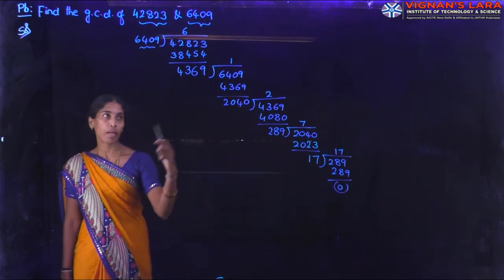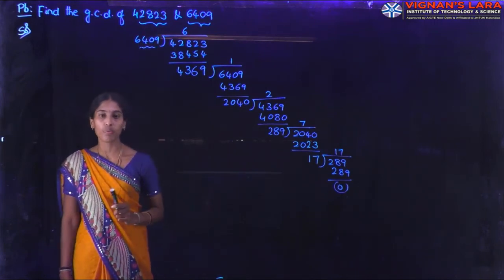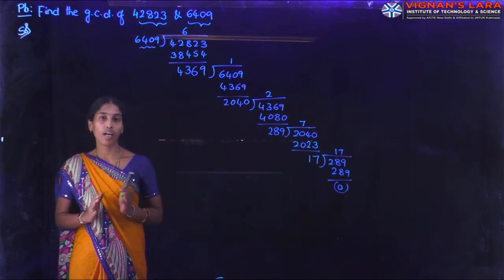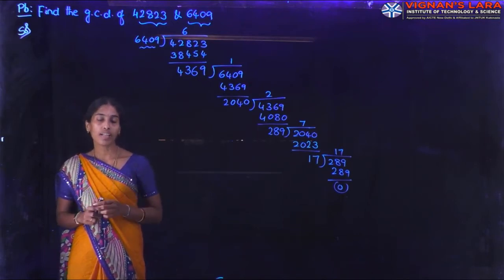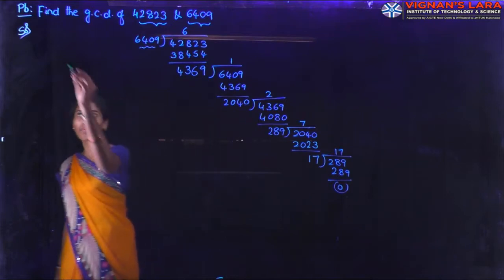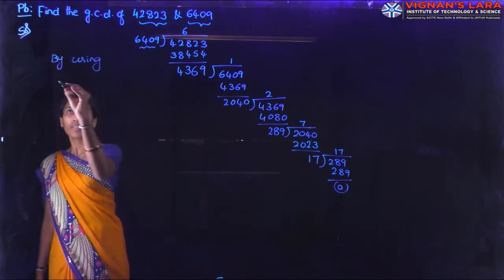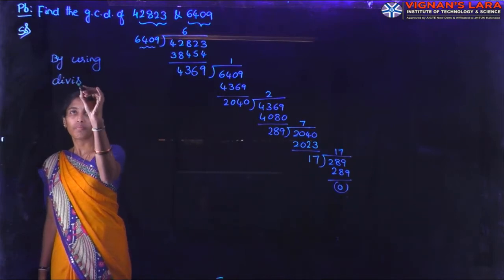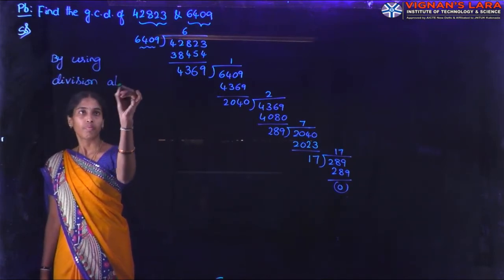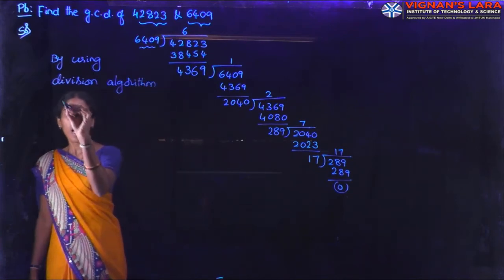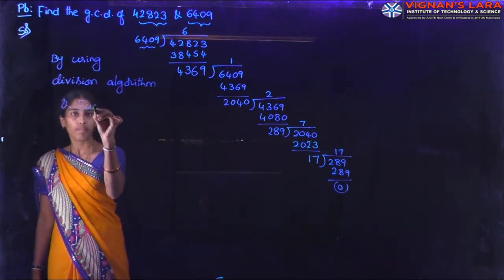To find the prime factorization of 42,823, it is difficult. So here we use the technique of division algorithm and Euclidean lemma.